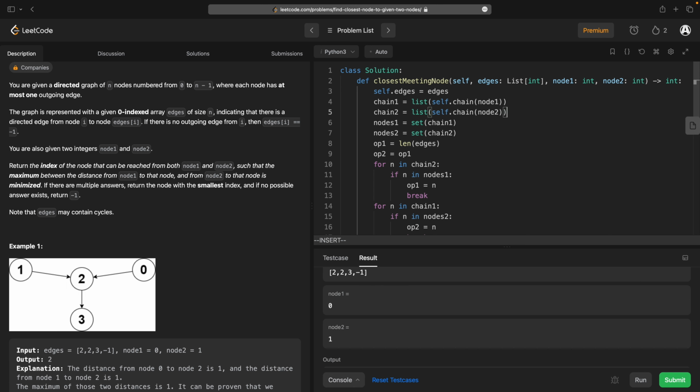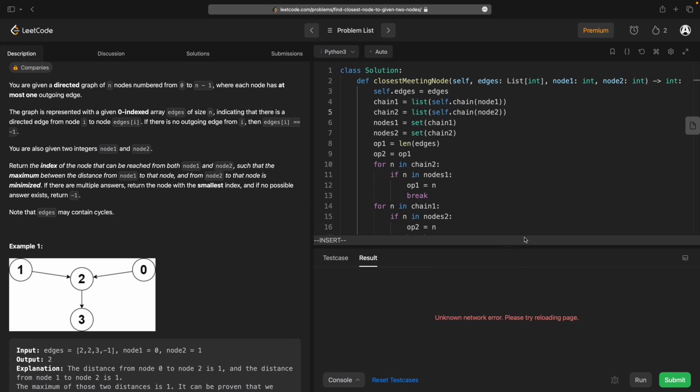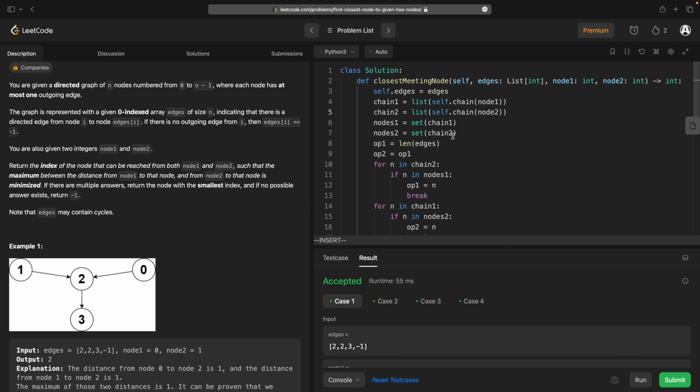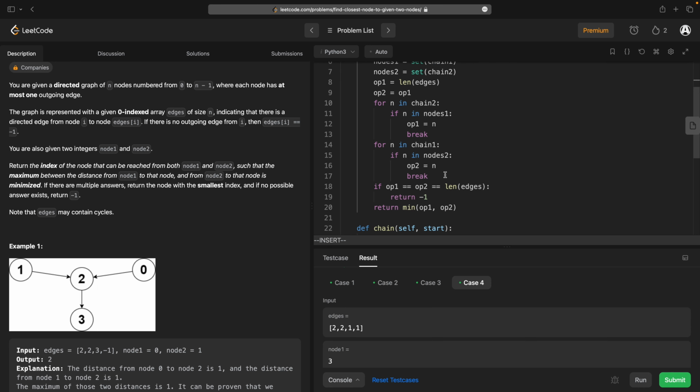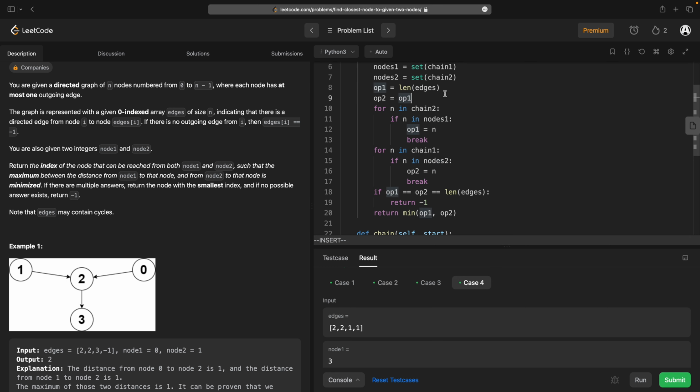I wouldn't have a problem if I didn't have to reuse them, so let's just stick them in a list. Okay, that seems to be working. I'm a little bit annoyed about having to do this twice, but I can't see a way around doing it twice. If I could just pick one arbitrarily, I would be fine. But because I have to pick the node with the smallest index, I need to search both chains.